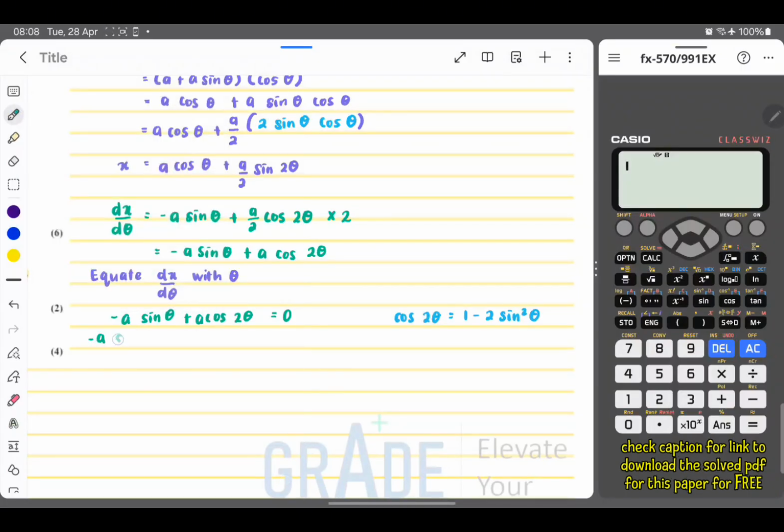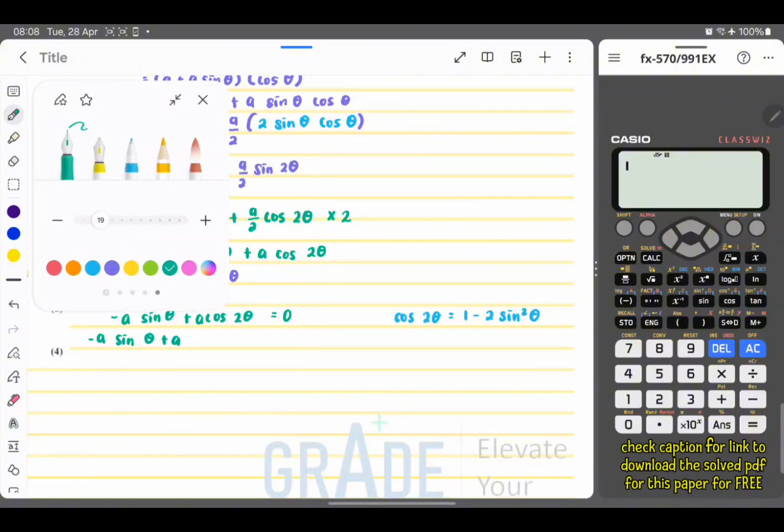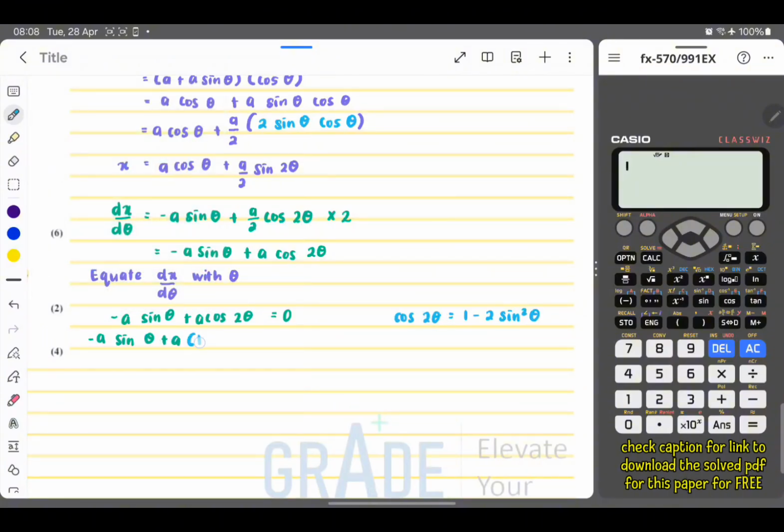So −a sin θ + a(1 − 2 sin²θ) = 0. Let's expand and simplify this: −a sin θ + a − 2a sin²θ = 0. Let's rearrange.